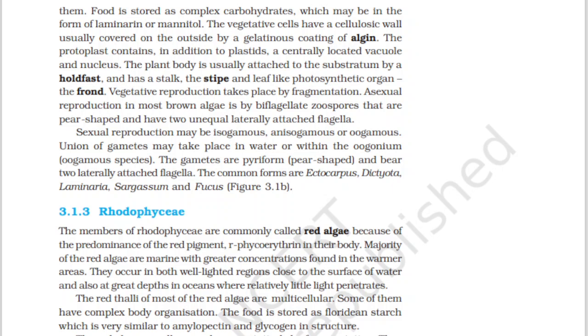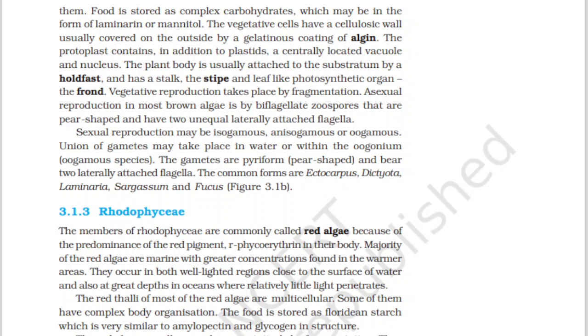Asexual reproduction in most brown algae is by biflagellate zoospores that are pear-shaped and have two unequal, laterally attached flagella.